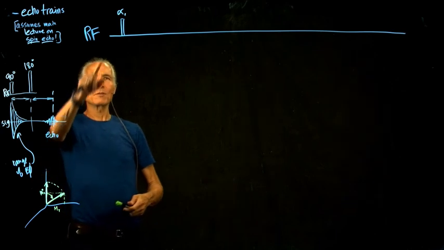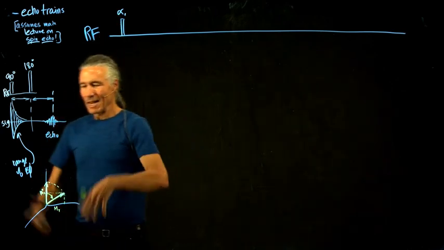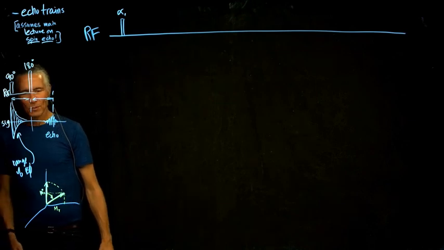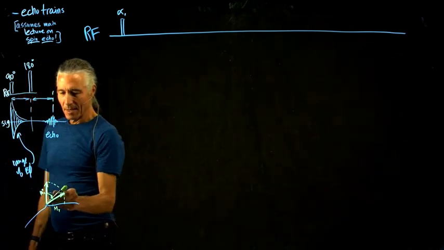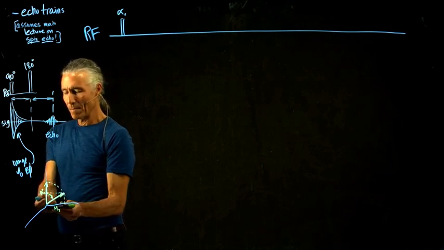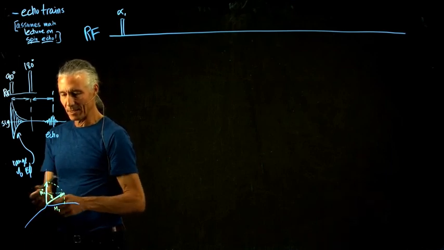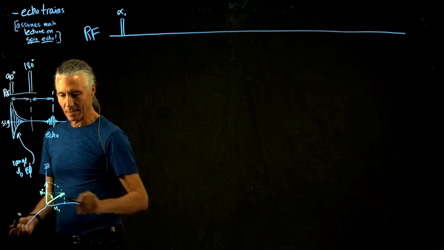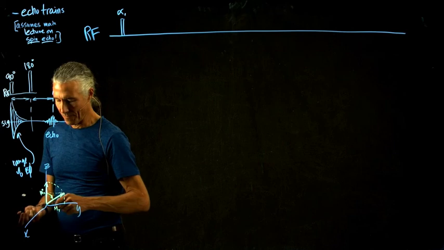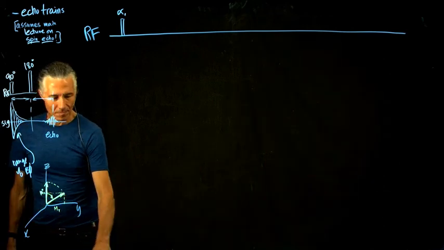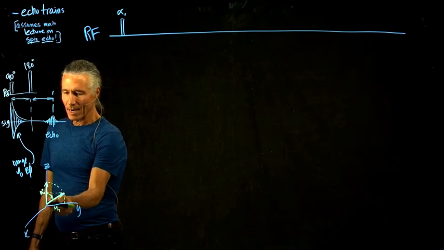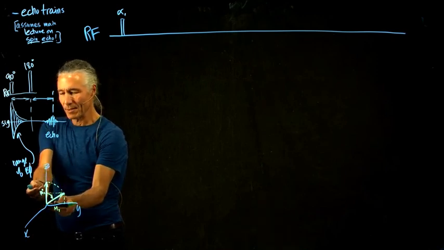So when you see alpha, what it means is any old angle RF pulse. Special cases would be a 90. If you do a 90, you have 0 Z magnetization. So this is the Z axis, this is the X axis and the Y axis. If you go all the way to 90, Z will exactly be 0.